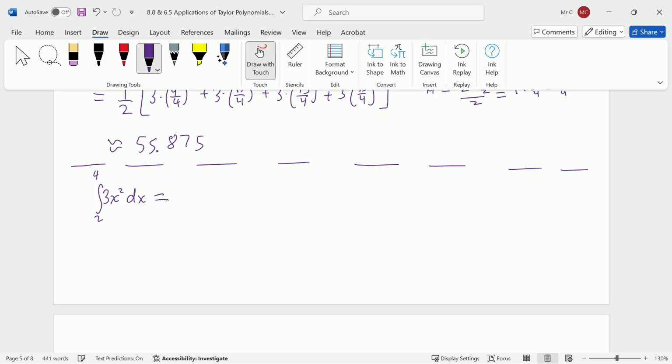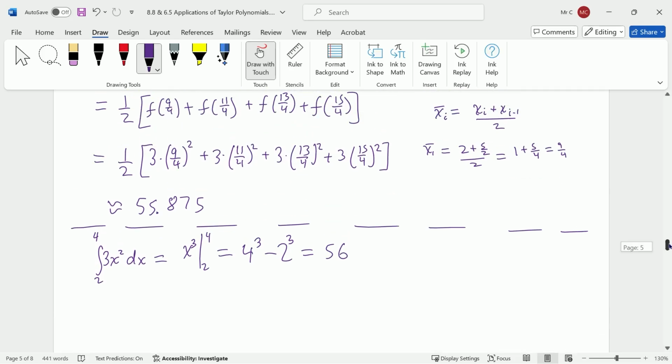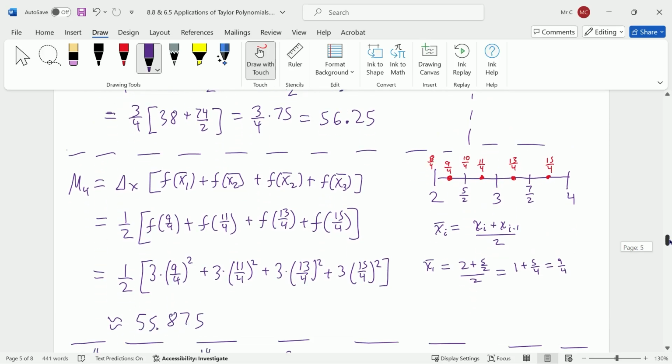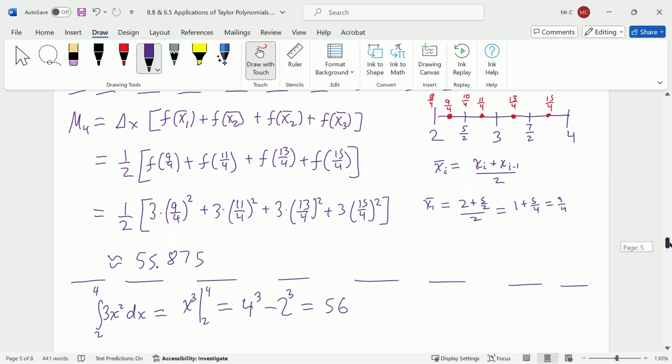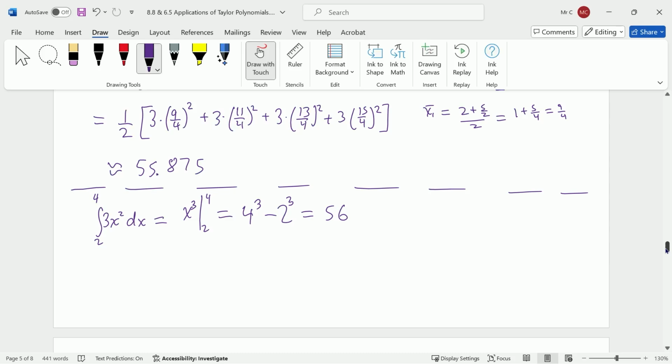So I integrate, and I get 3x cubed over 3, which is x cubed, evaluated from 2 to 4. That's 4 cubed minus 2 cubed, and 4 cubed is 64, 2 cubed is 8, so I subtract them and I get 56. And we see this is pretty close to the 2 values we got, 56.25 and 55.875.